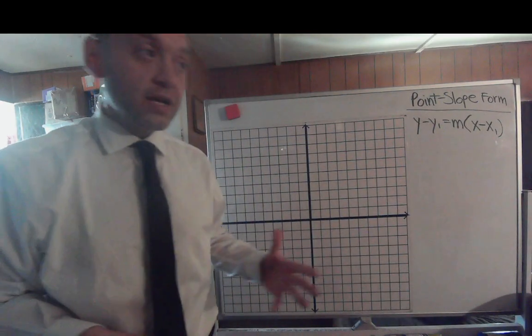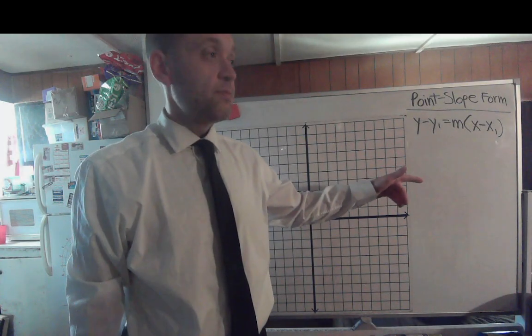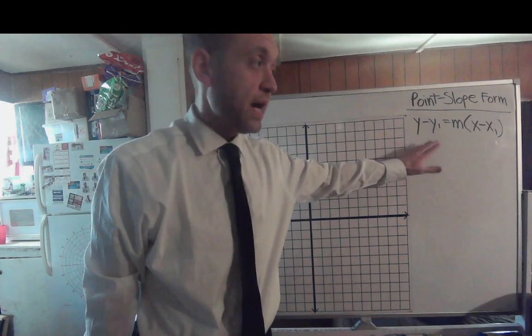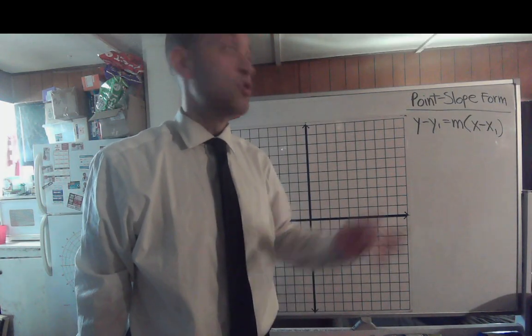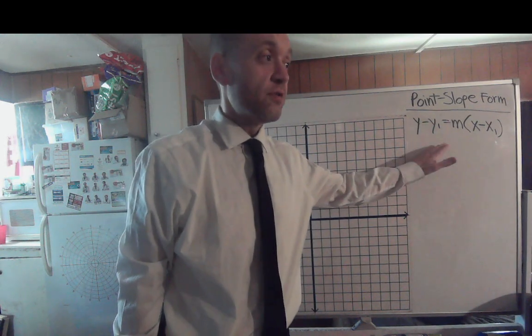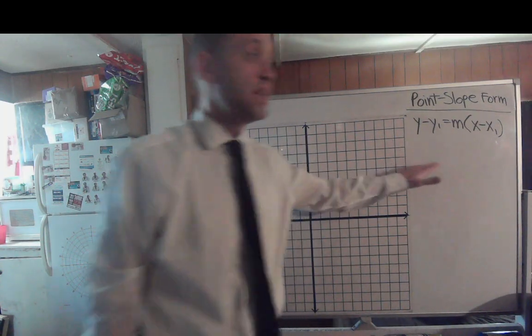And then from here you usually don't leave something in point slope form. This is how you start out. And then from there, you're either going to convert it into slope-intercept form or standard form. For these next few exercises, we're ultimately going to go to standard form. So let's go ahead and do some of these.